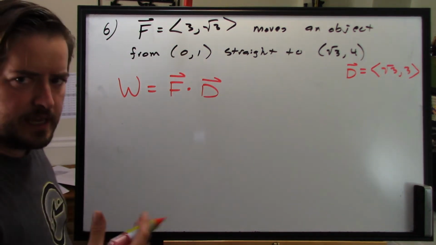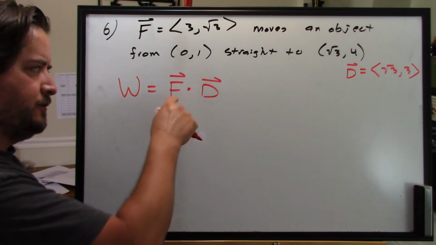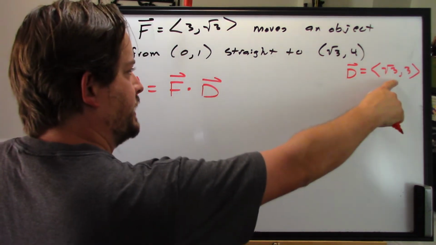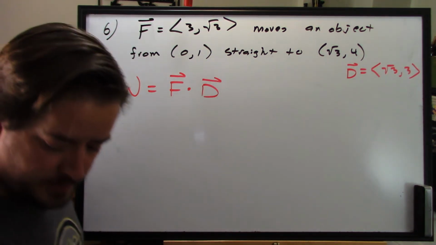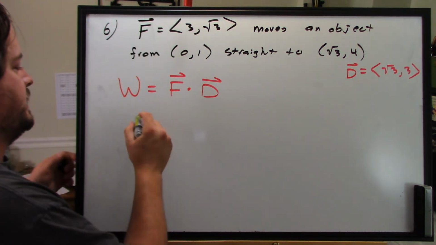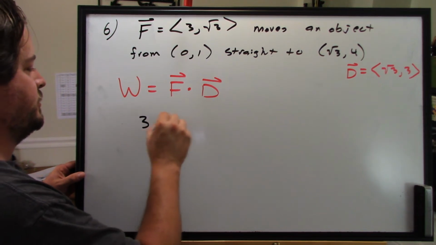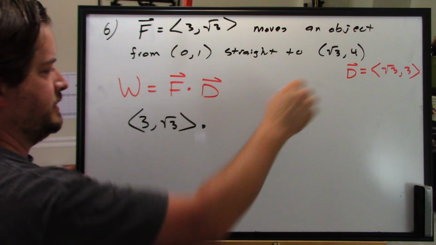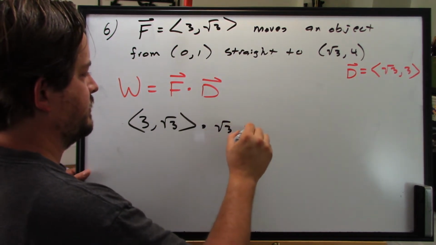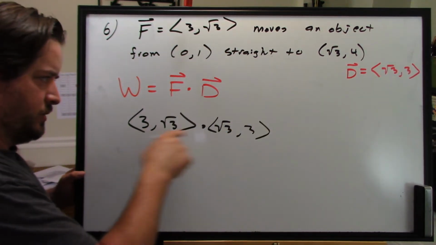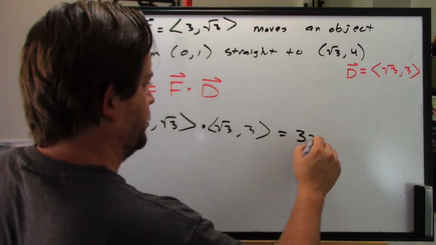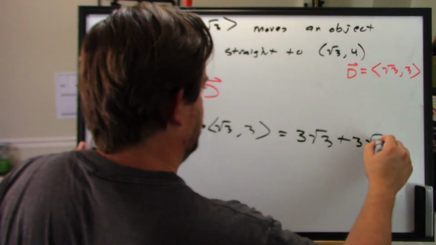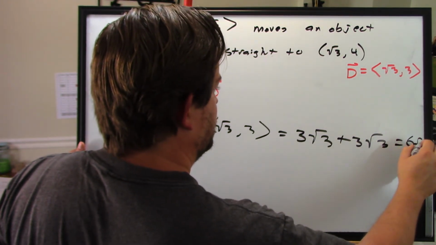So really all he's saying in this problem is figure out the force, which is given to us as a vector, dotted with the distance, which we now have as a vector. And so that's all it is, this 3, comma root 3, the force, dotted with the distance, root 3, comma 3. So that's 3 root 3 plus another 3 root 3, which is 6 root 3.